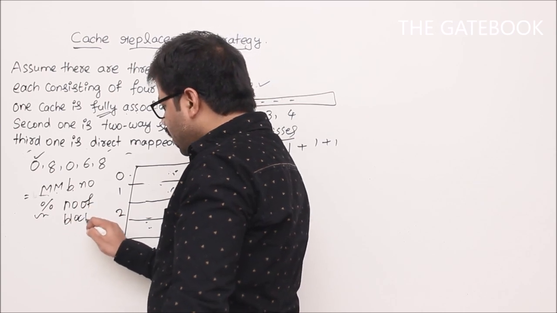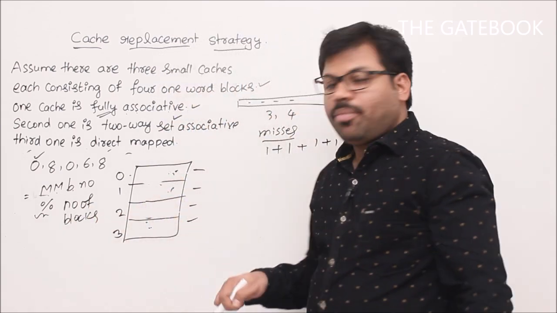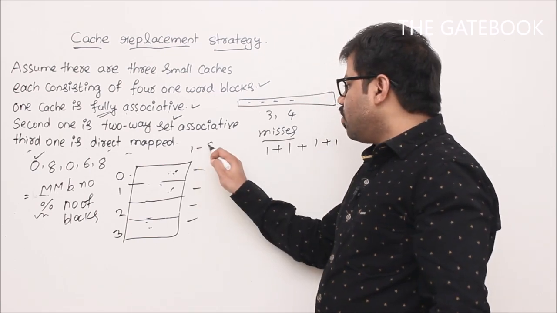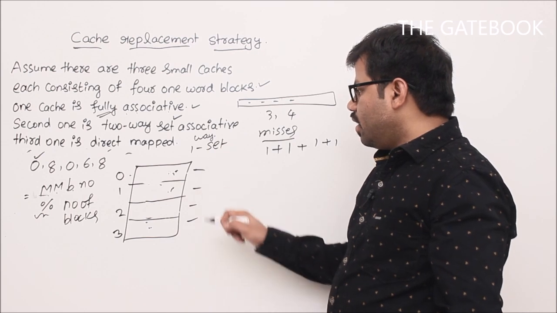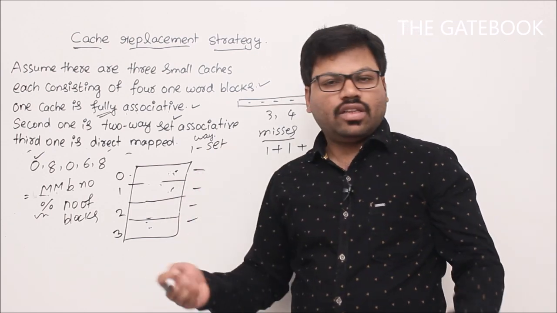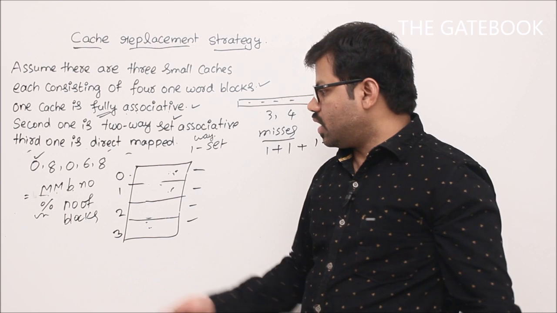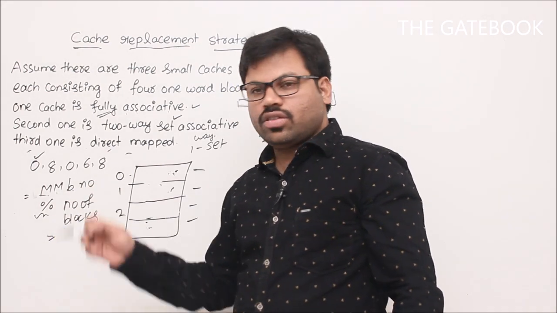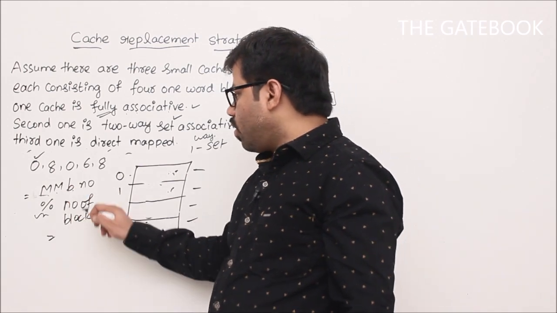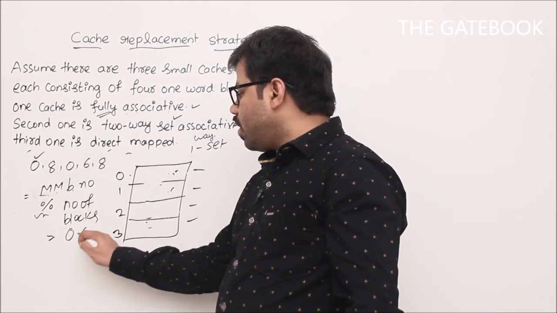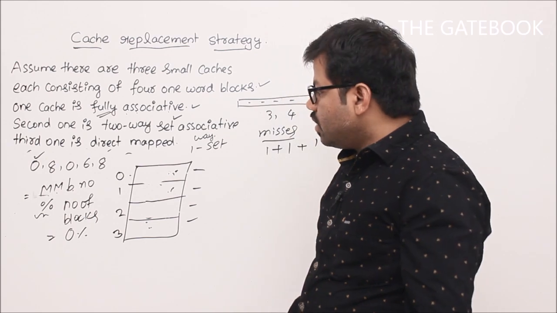And I already told you one thing, this direct map technique can be imagined as one-way set associative mapping. In one-way set associative mapping, each set contains only one block, so the number of sets equals the number of blocks. That's why you can use the same formula as set associative mapping, but the number of sets is the number of blocks. So main memory block number 0 modulo the number of blocks.